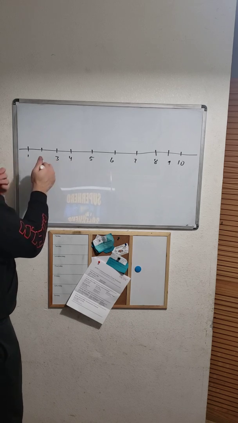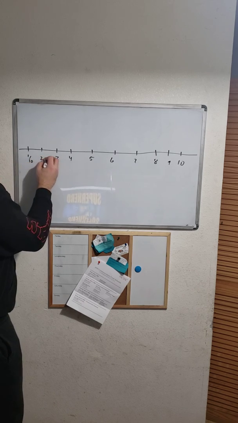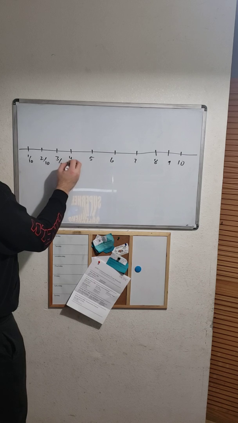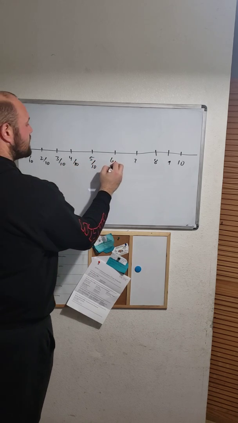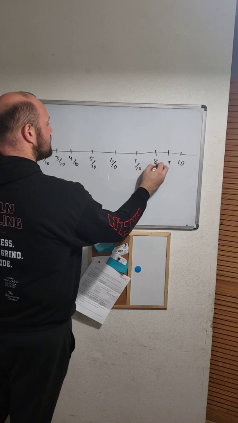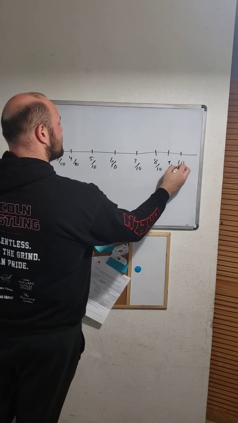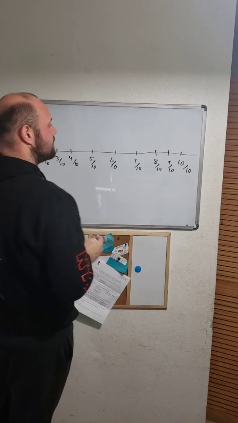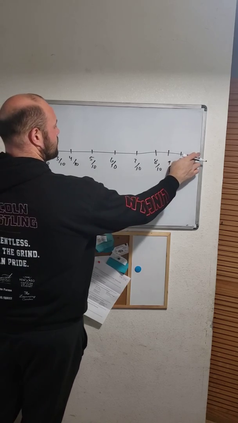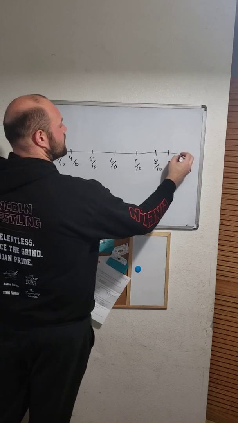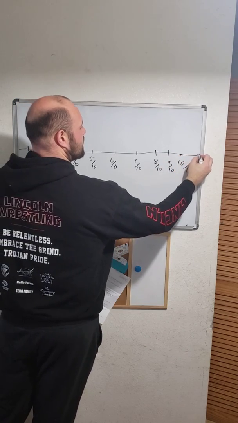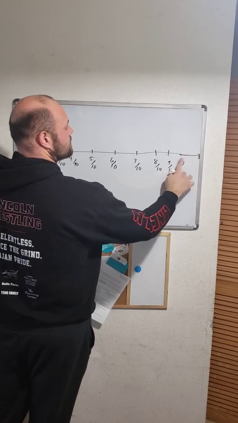1/10, 2/10, 3/10, 4/10, 5/10, 6/10, 7/10, 8/10, 9/10, and 10/10. Okay, so we're assuming this is a meter. Maybe I should just fix this and say that this is 10/10 right here.